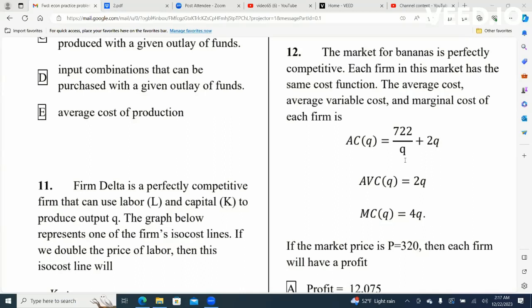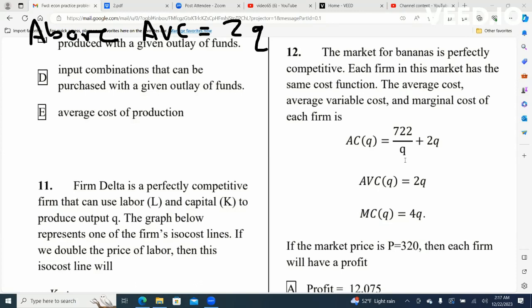Okay, so let's write out everything we know. We're operating here, which means we are above the AVC, which is 2Q.